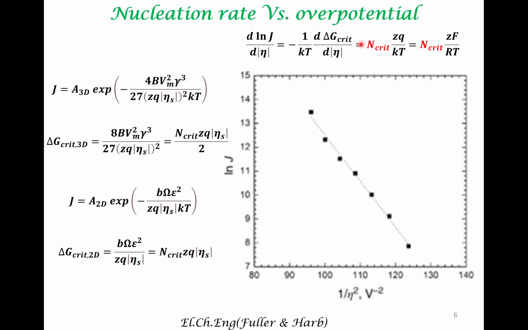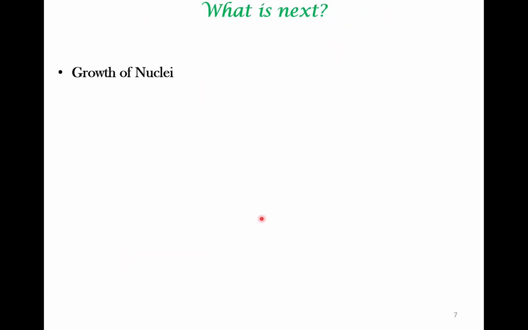This is a useful quantity to know, and as we had shown in the previous lecture, this quantity is fairly sensitive to the overpotential. In the next lecture, we will look at certain other aspects of the growth of nuclei.